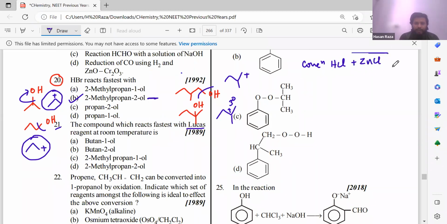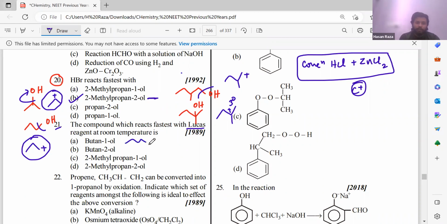And there is formation of carbocation again. So you know which carbocation will be the most stable, 3 degree. Yes, it is D, because if you go by the mechanism I already told you, there will be formation of carbocation and you have to choose this.